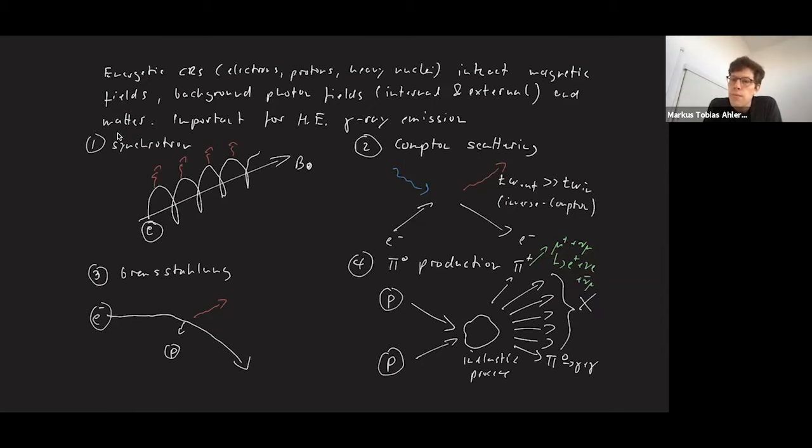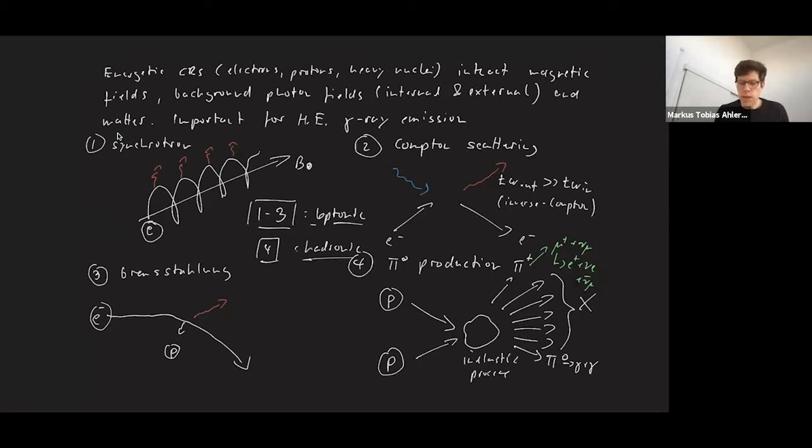So whenever you have a mechanism at work that produces hadronic emission in sources, then these sources should also be sources of neutrinos. So the emission processes that are indicated here as 1, 2, 3 are also called leptonic processes, whereas 4 is a hadronic process.